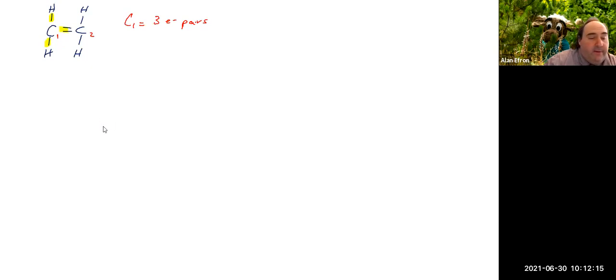Remember, it's a double bond, so we still count it as just 1 bond, just like we did with geometry. So it would have 3 electron pairs. It also would have 1, 2, 3 bonds, right? So a couple of things we can get off in terms of carbon number 1, just from doing that, is we know that the electron pair geometry is trigonal planar.